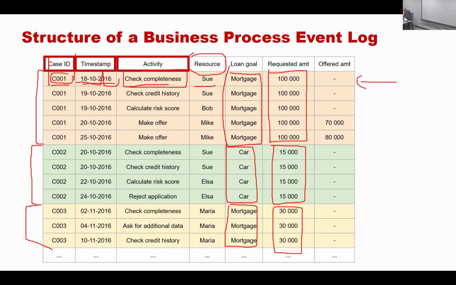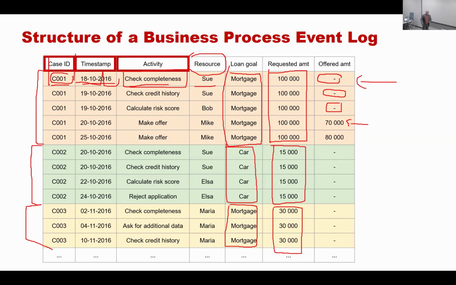On the other hand, the offered amount is something that changes. This is the amount of the loan that the bank offers. Initially, it's empty. There is no offered amount because we have not yet, as a bank, made an offer to this customer. At some point in time, we offer 70,000. And it might be that the customer comes back and says, well, I do need 80,000.